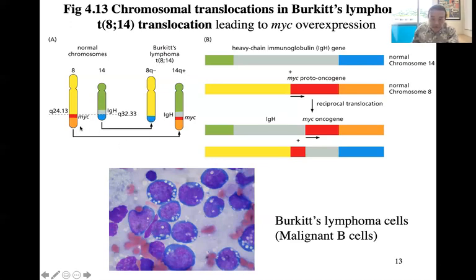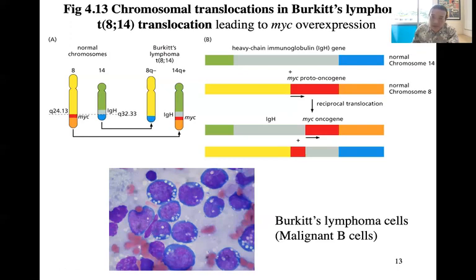So clearly the important thing is what genes are actually on these parts that are being swapped around, right? On a normal chromosome, Myc is at 8q24, right here in red. On chromosome 14 at q32 is the IgH gene.